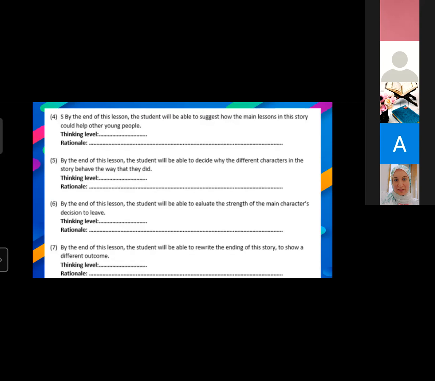Number 7: by the end of this lesson, the student will be able to rewrite the ending of this story to show a different outcome. Yeah, so it's creating. Why creating? Because he wants to show a different end. Excellent. Because it's a different outcome.